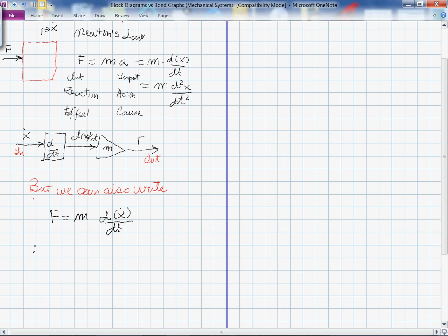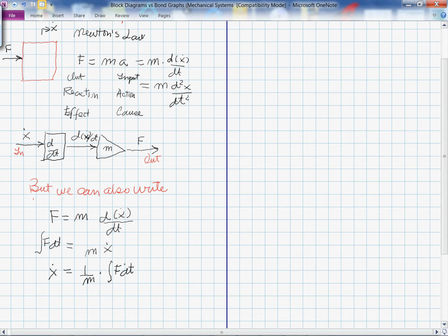Let's say we integrate both sides. So you have the integral of f dt is equal to m times x dot in this case. And I could write this as x dot equals 1 over m times the integral of f dt.